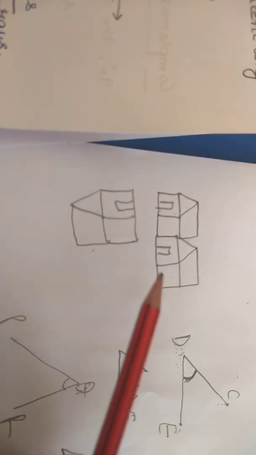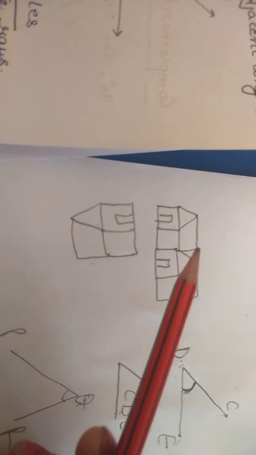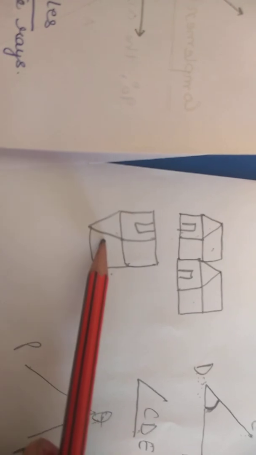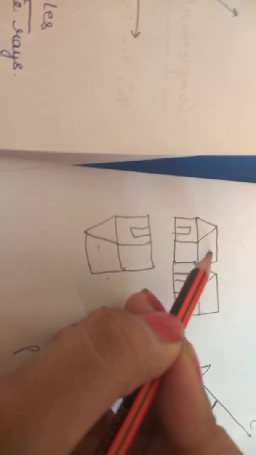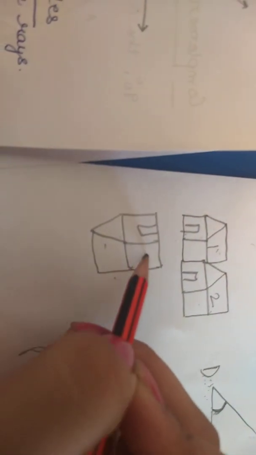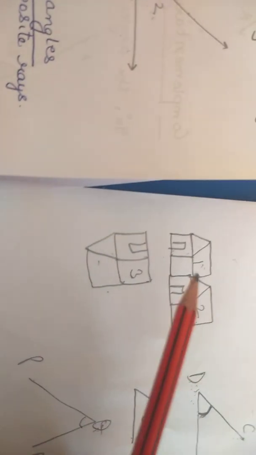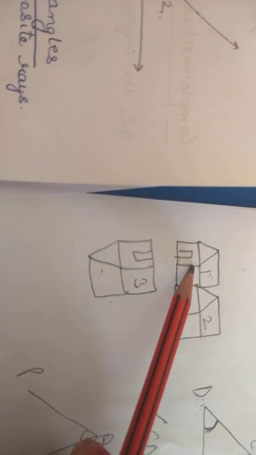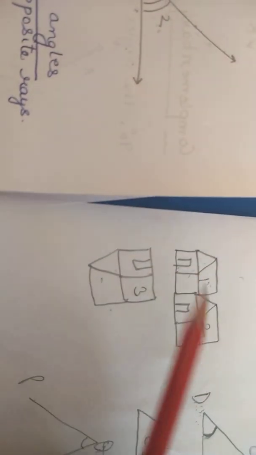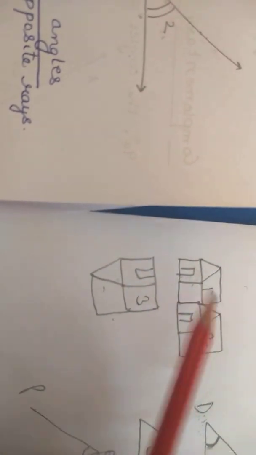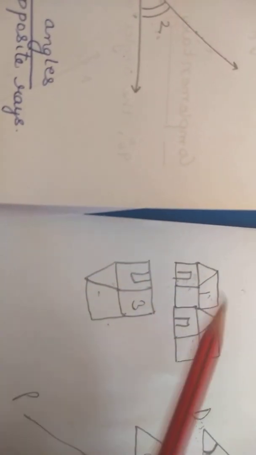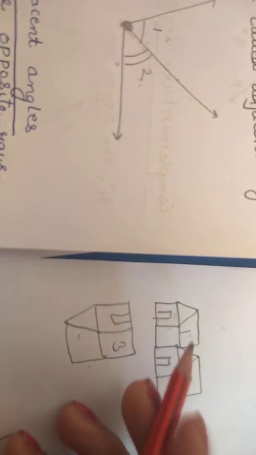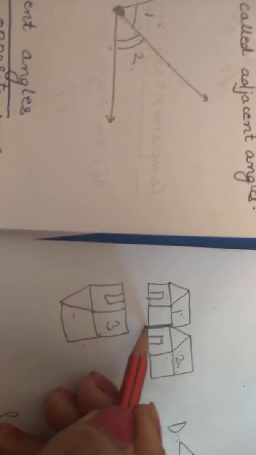Now you can see there are 3 houses, 1, 2 and 3. So this is 1, this is 2 and this is 3. Now you can see that house 1 and house 2 are adjacent to each other. Why are these adjacent to each other? Because they have a common arm.